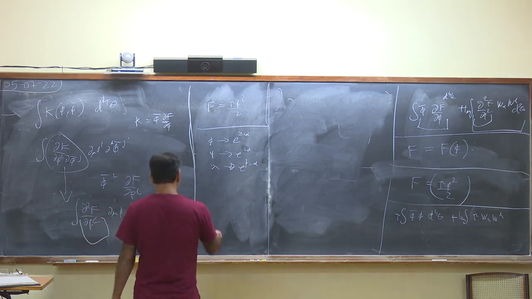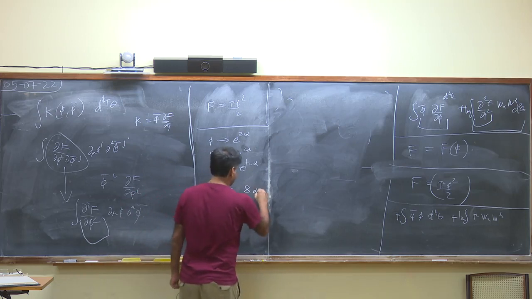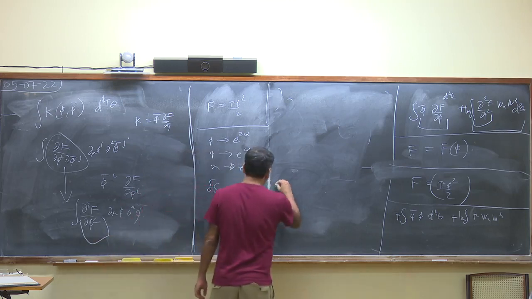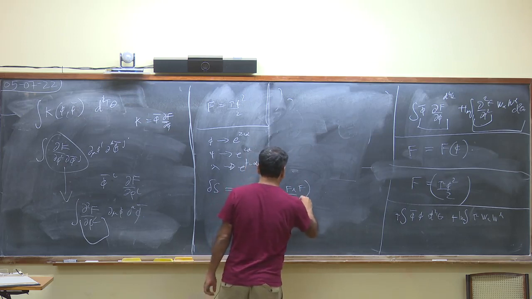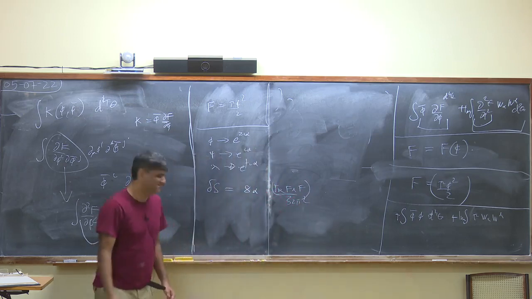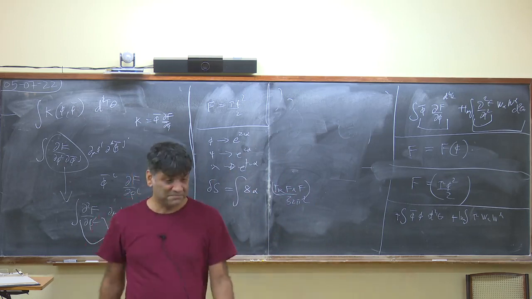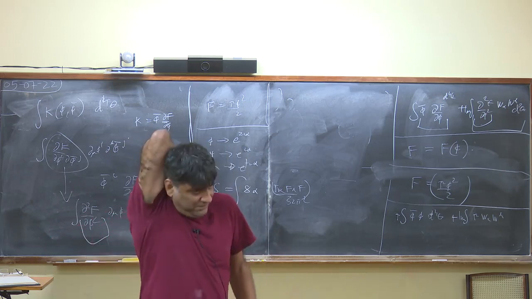The change in the action delta S should equal 8 alpha times trace F wedge F. This is a constraint on our one loop effective action that we just know to be true.